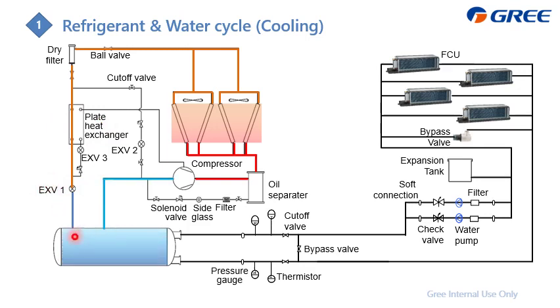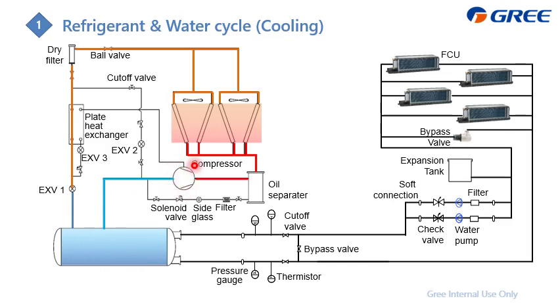Then it gets into the evaporator to become gas, absorbing heat to do cooling and cool down the water. After that, the refrigerant gas gets into the compressor to finish the travel.